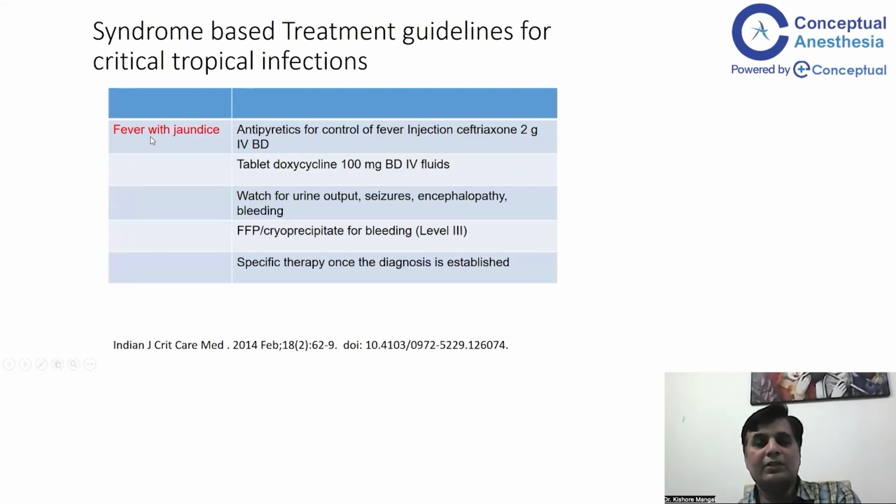If the patient is coming with jaundice, then you have to give injection ceftriaxone and tablet doxycycline, because scrub typhus and leptospira are the common infections which lead to jaundice. So to cover for them, doxycycline is required, and you have to watch for any complication. FFP or cryoprecipitate is required if there is any bleeding, and specific therapy once the diagnosis is established.